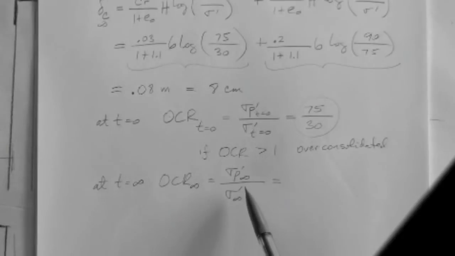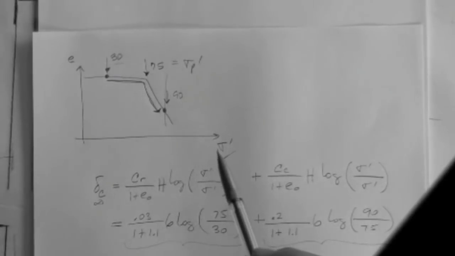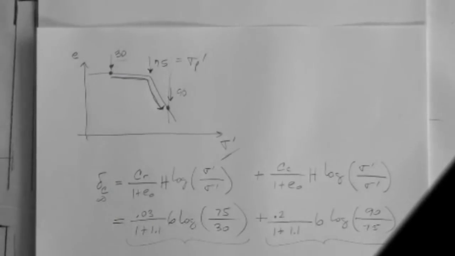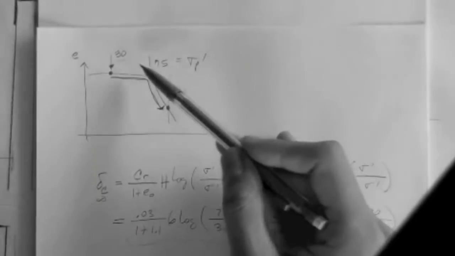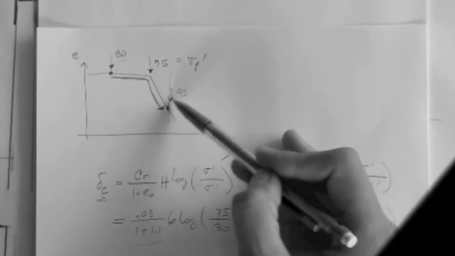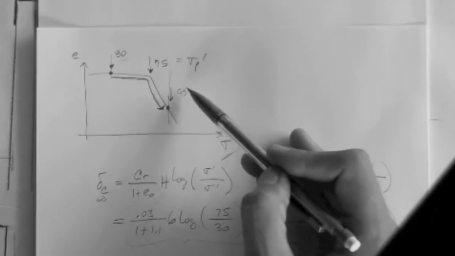Time equal infinity, again, is the time associated with the end of consolidation or after. So, what is the maximum stress that the soil has ever felt, if we ask that question at time equal infinity? Well, the maximum stress the soil has ever felt at time equal infinity is 90 kPa.